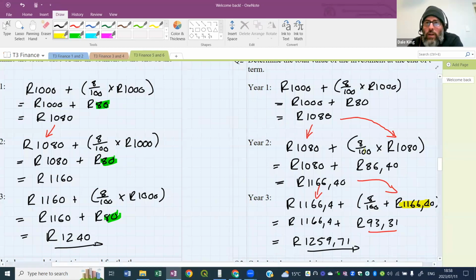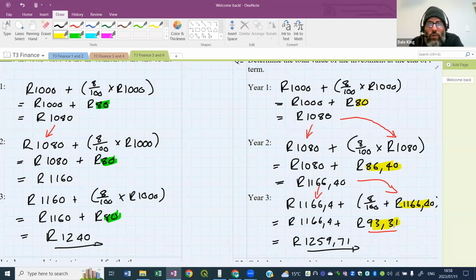But for compound interest, you're adding on a new amount. It's getting bigger. The amount you're adding on is getting bigger every year. All right. Because you're not only calculating 8% of the original principal amount, you're calculating 8% of the principal amount plus the interest. You earn interest on your interest as well.